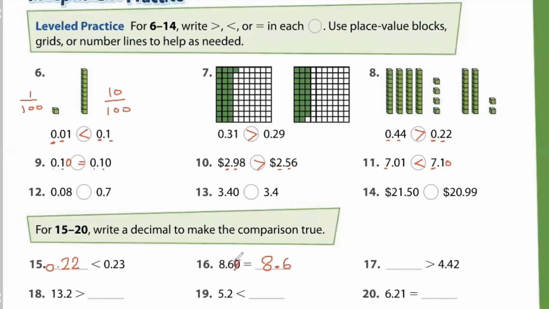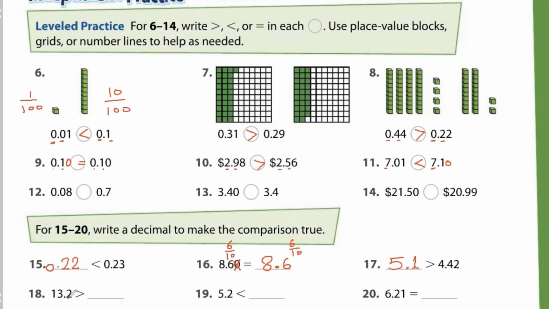Ignore 0. When I ignore 0, it will be 6 out of 10, and here this 6 out of 10. Number 17, which number is greater than 4 and 42 hundredths? I can write 5 and 1 tenth. Any number more than 4 and 42 hundredths.